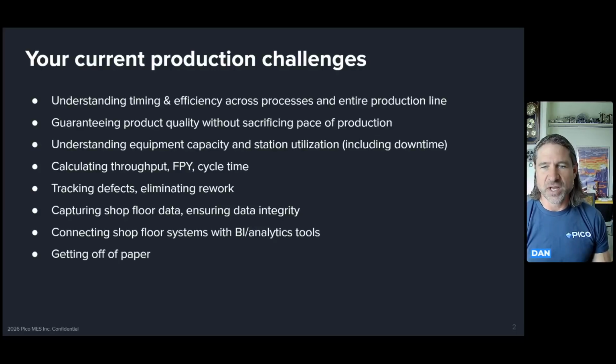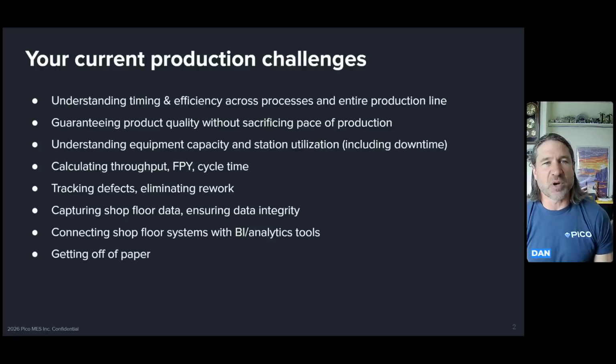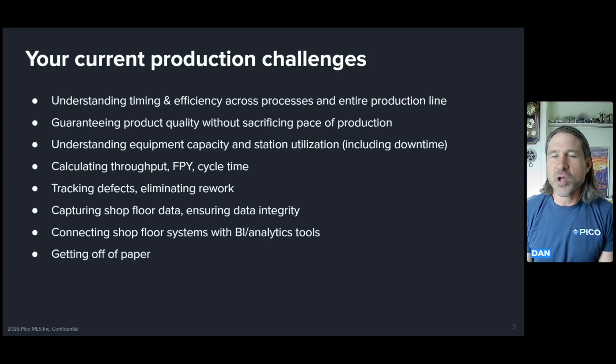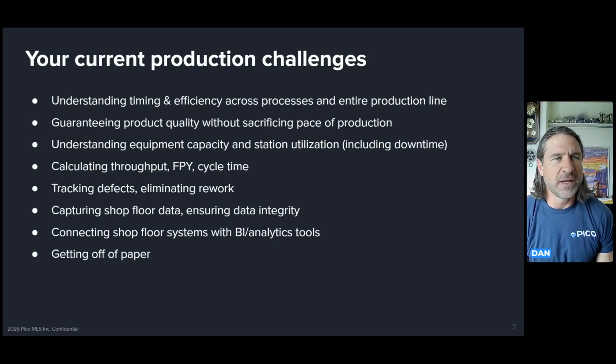It can be a challenge. Another challenge is guaranteeing product quality without sacrificing the pace of production. Sometimes the QA process can slow down production, whereas if you had readily available data, you wouldn't have to slow down production to pick up the QA metrics that can help improve quality.